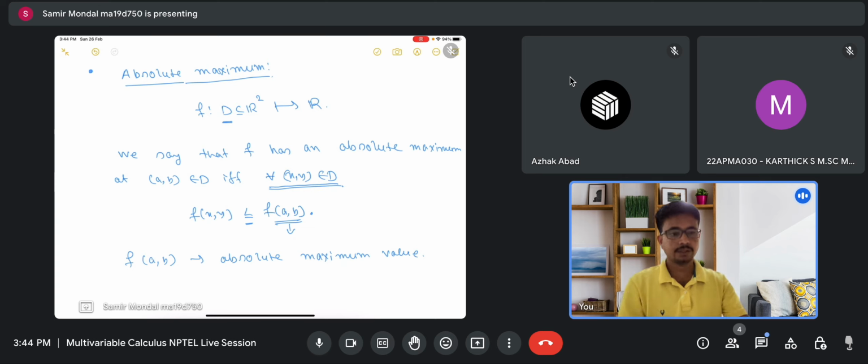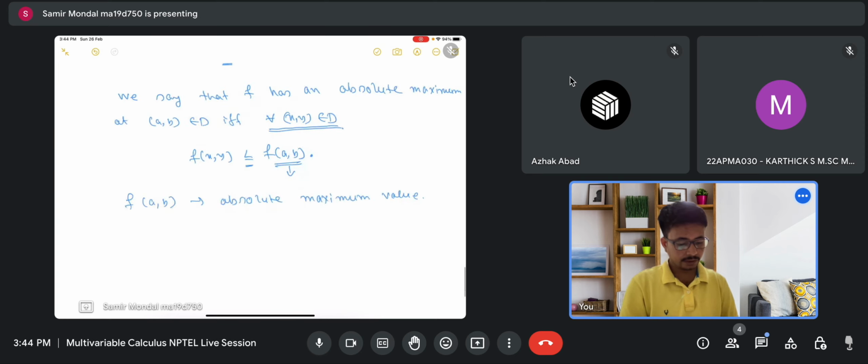Now the next question is, is it possible to check that f of (x, y) is less than or equal to f of (a, b), and is it easy to find that point (a, b)? How will we find that point?